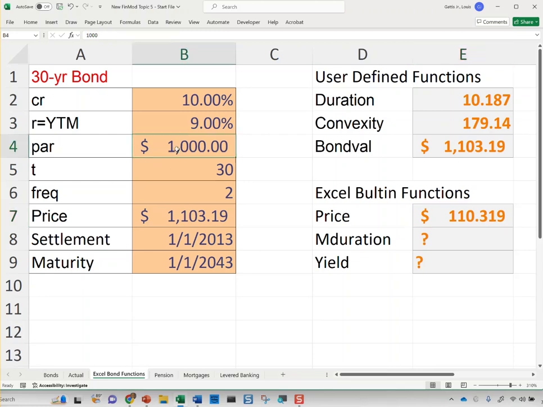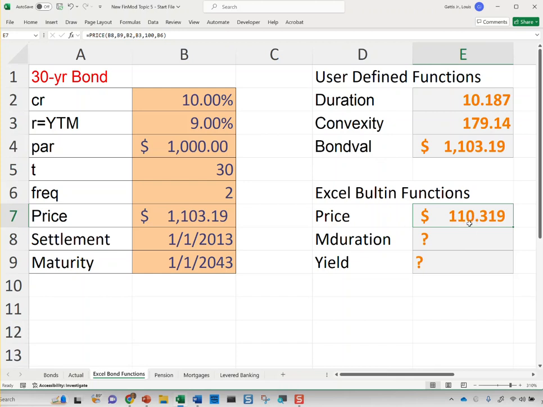This bond is a $1,000 bond, and according to our models and just taking the present value of cash flows, it should be worth $1,103.19. However, Excel's price function always returns the price as a percentage of par. So it doesn't matter if the par is $1,000, $100, $10,000, or $1 billion. This price function is going to return a price of 110.